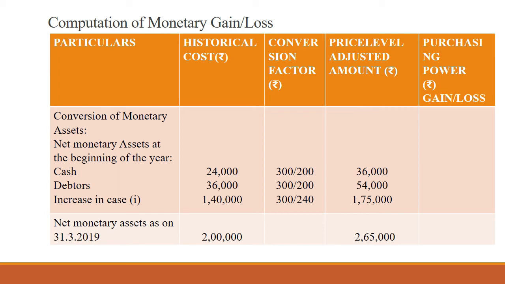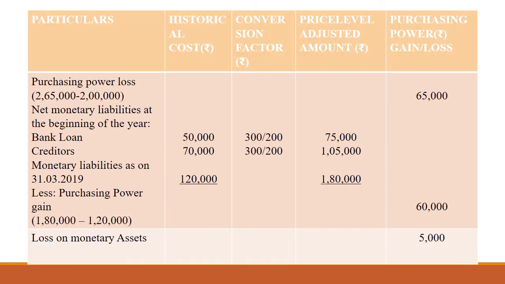The net monetary asset as on 31 March 2019, totaling all this, becomes 2 lakh. Totaling the price level adjusted amount, it amounts to 2,65,000. Next part is purchasing power loss, that is 2,65,000 minus the sales value 65,000.